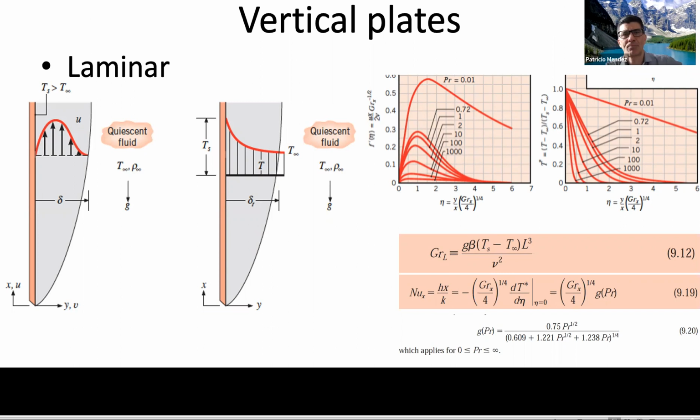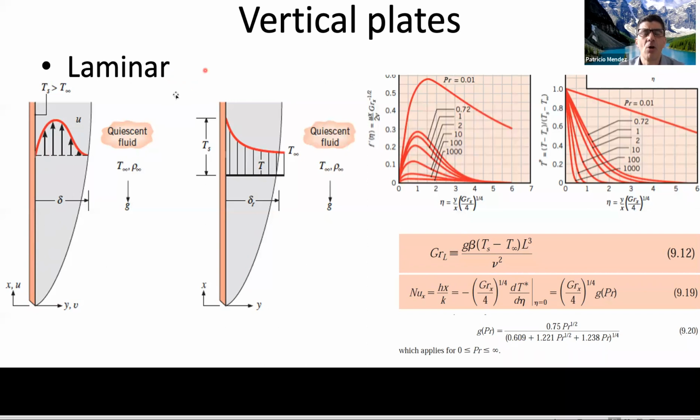If the plate is horizontal, we have a flow imposed on it at a velocity u infinity from left to right. Now we're going to do the same, but with a vertical plate, because the velocities due to buoyancy go in the vertical direction. So this plate is the same plate as before, but vertical, so buoyancy can create flows parallel to the plate.